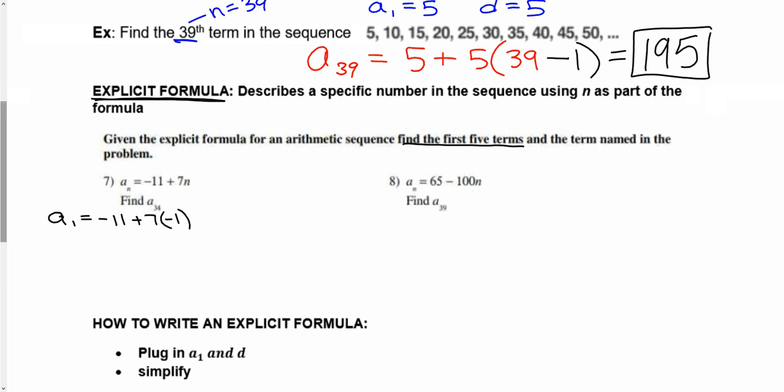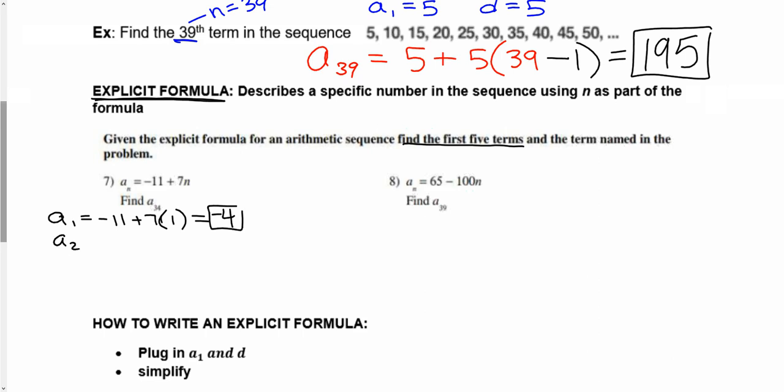Because I don't. It was supposed to be 1. What's that answer? -4? Yeah. Okay, first term in the list is -4.